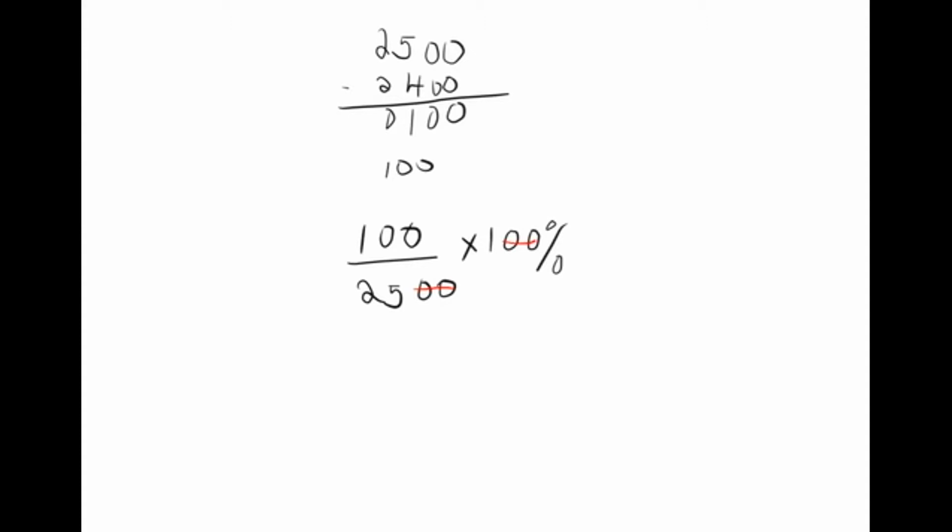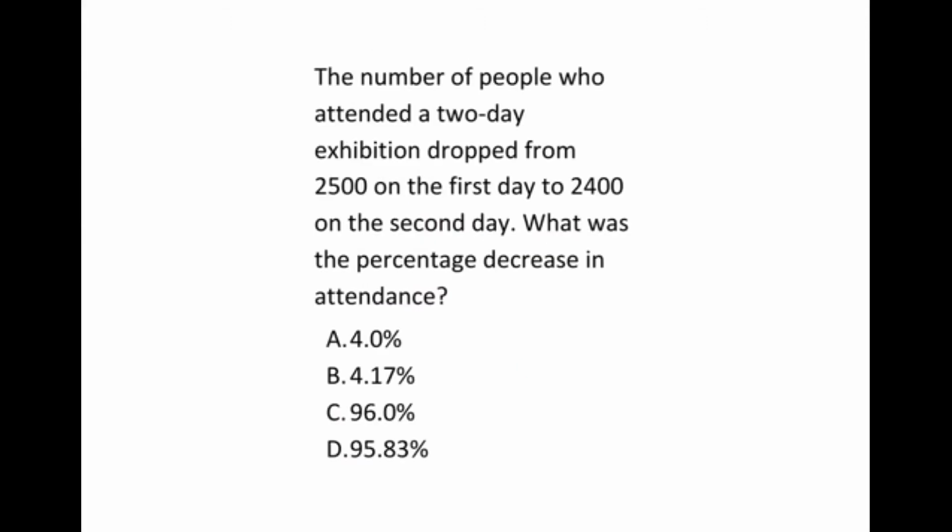Then we can simplify further. 25 divided by 25 is 1. 25 divided by 100 is 4. Therefore, we have 4% as the percentage decrease in attendance. Therefore, our correct choice is A.